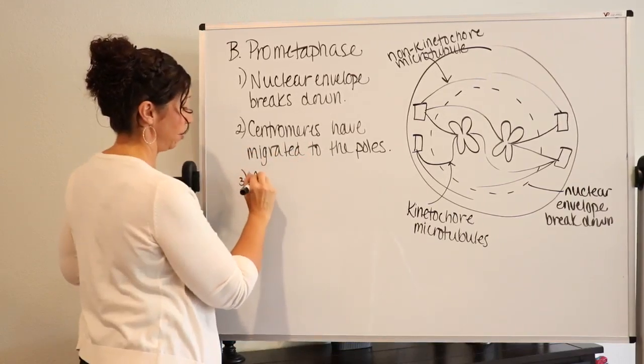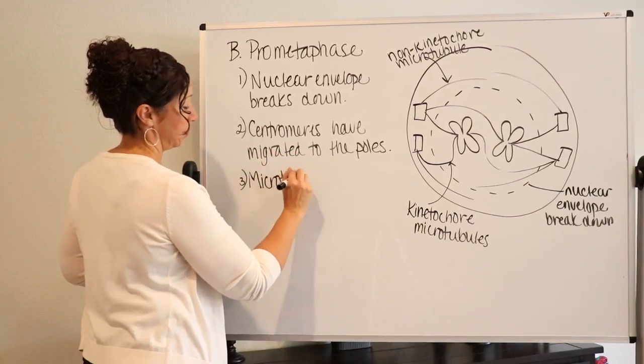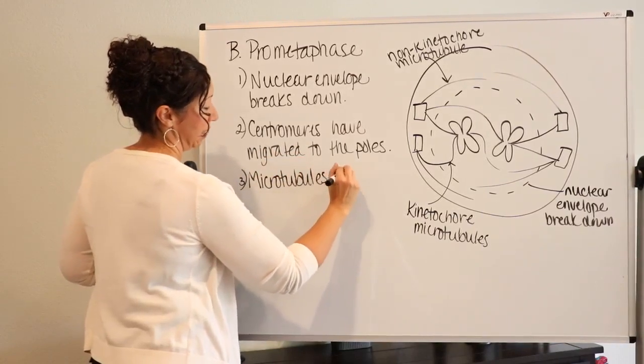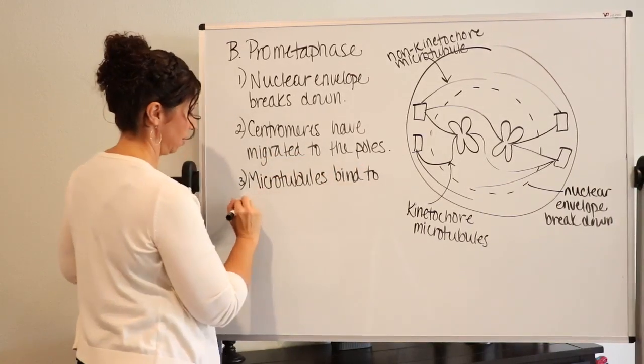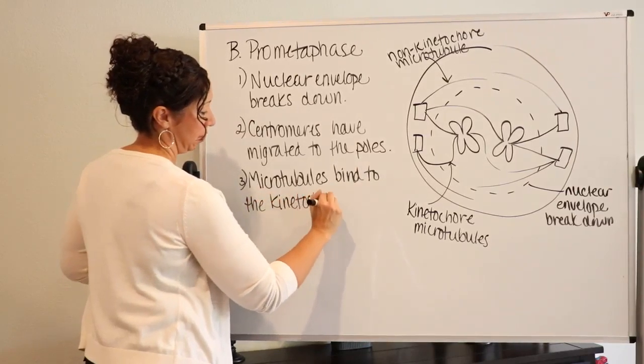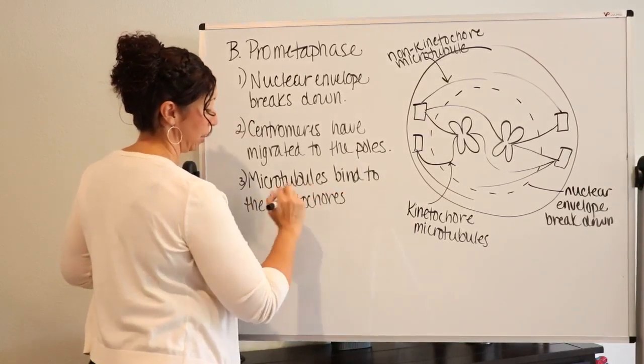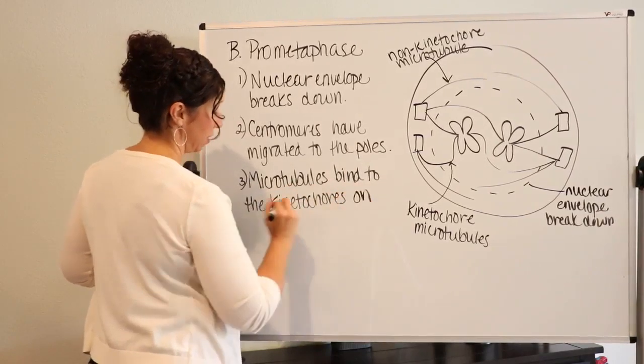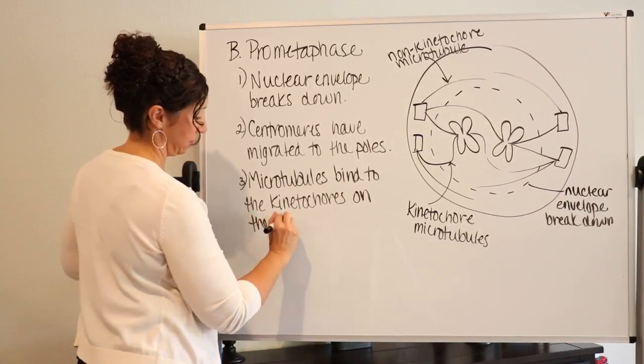So the microtubules bind to the kinetochores, which make them kinetochore microtubules, kinetochores on the sister chromatids.